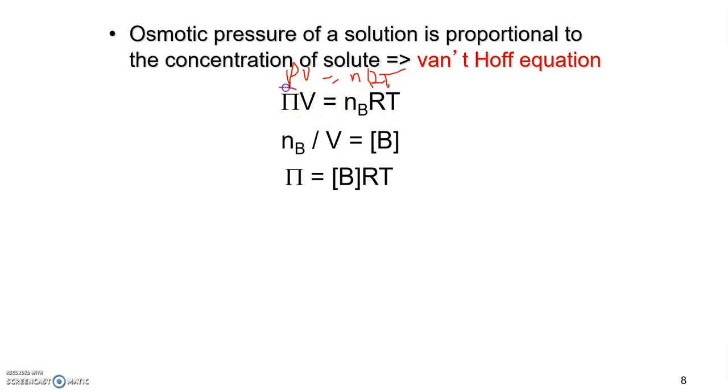So here we have pi, V, where V is the volume, n is the moles, R is the gas constant, and T is temperature. When we move V to the right hand side, we have the concentration of B, or a molar concentration. So here is the simplified Van't Hoff equation. You can use either this one or this one, depending on the equation.